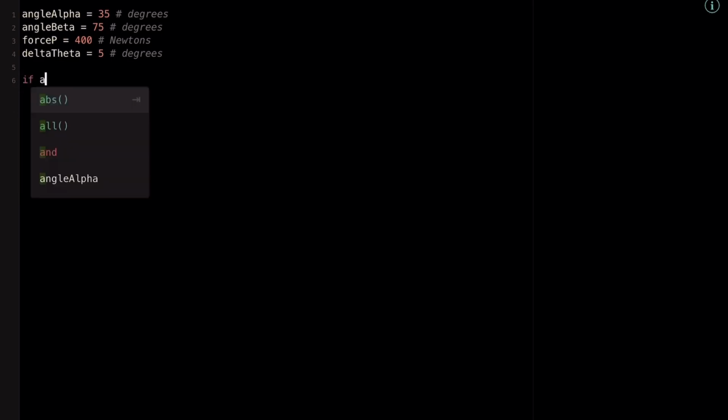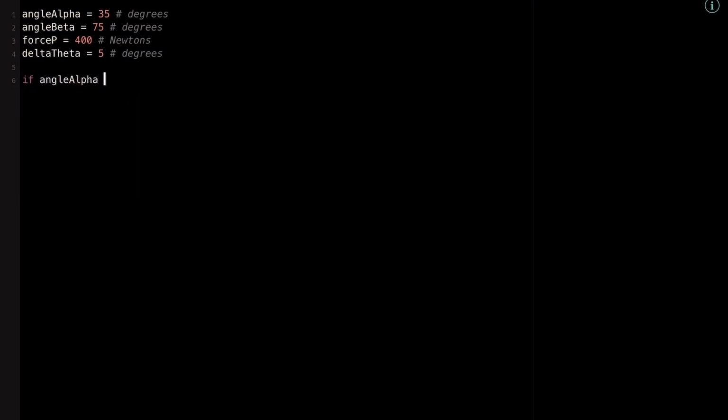If angle alpha is greater than or equal to 180 degrees, or angle beta is greater than or equal to 180 degrees, then I want to print to the console that the angles are too large, so go ahead and check your input and try again.